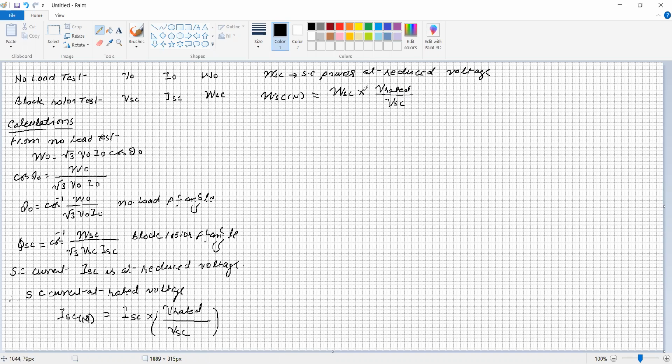As the copper losses are proportional to the square of current, it is squared. So this is the short circuit power at rated voltage and the short circuit current at the rated voltage. Now we will start developing the circle diagram.